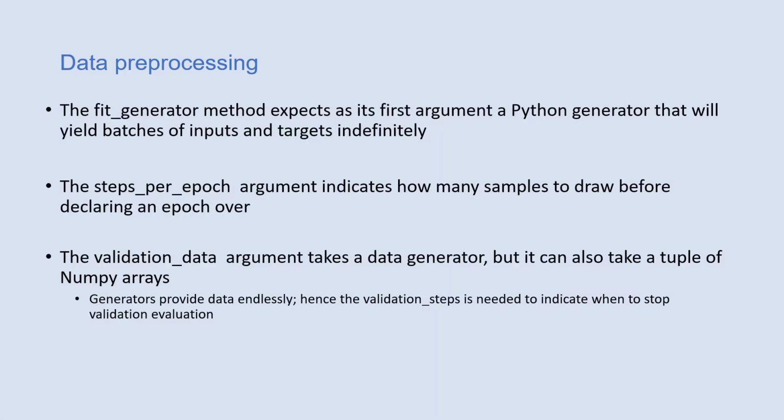Okay, the Keras deep learning model library has a fit_generator method that expects a generator as an argument, so it's ready to handle generators. Similarly in Matlab, when you train a model, it can expect a datastore as an input.